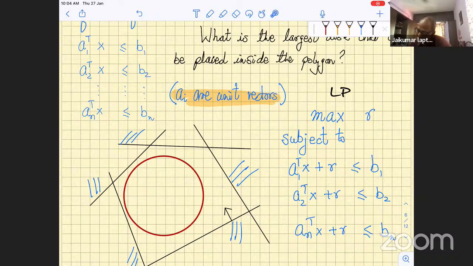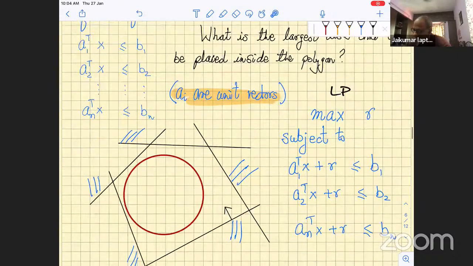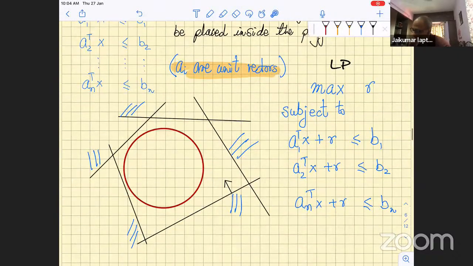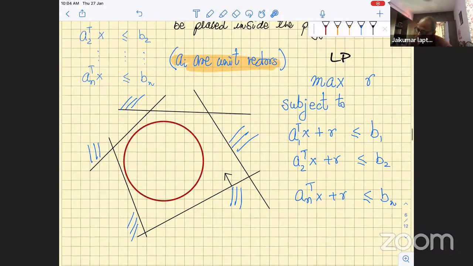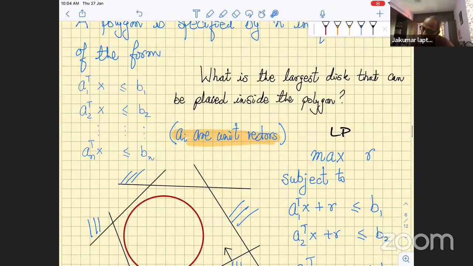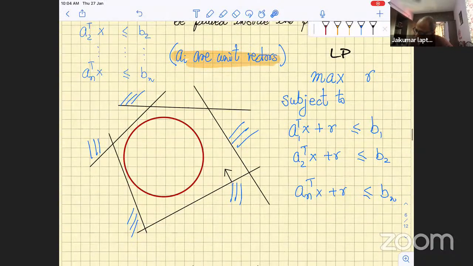Okay. And so how do you do that? Well, basically, if you look at this, there is some hyperplane here, a line here, and its equation is given by a dot x equals b.